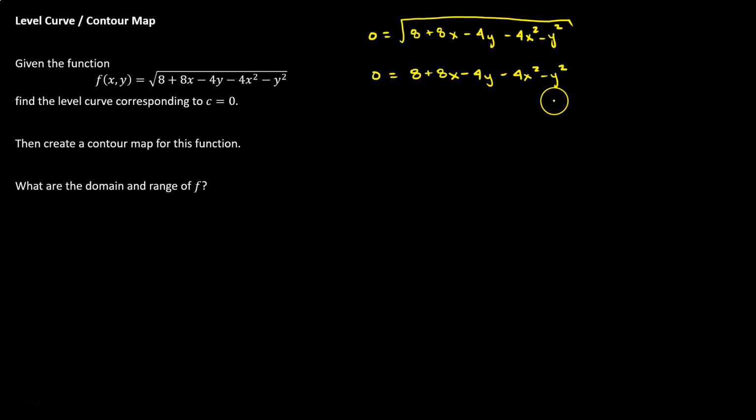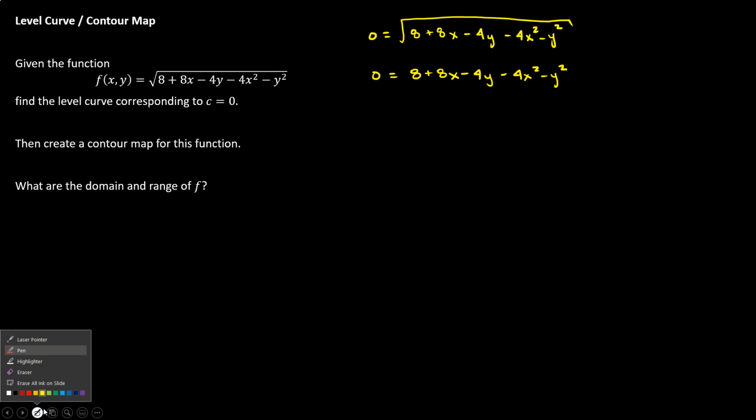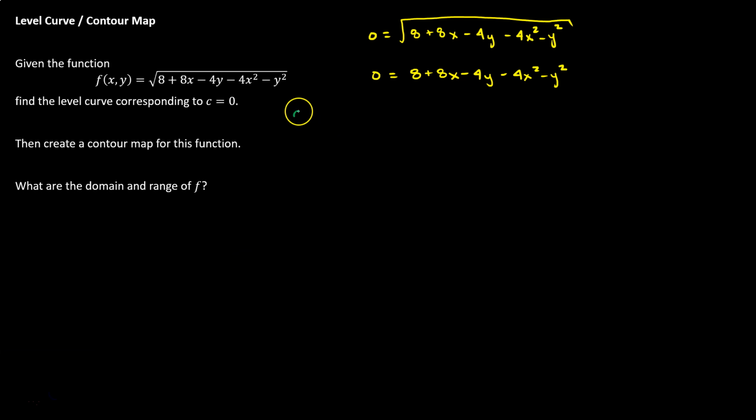And as it's written, we might not recognize this surface, but we have some algebra tools that can help us here, like completing the square. I'm going to take the two terms that involve x and complete the square in x. So if I have a negative 4x squared plus 8x, the first thing I'll do is factor off the coefficient, negative 4.